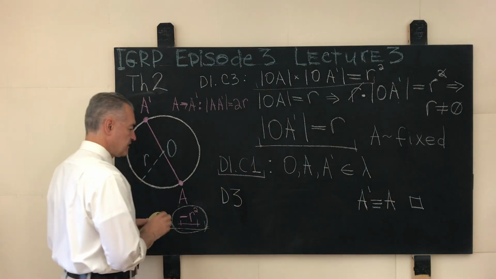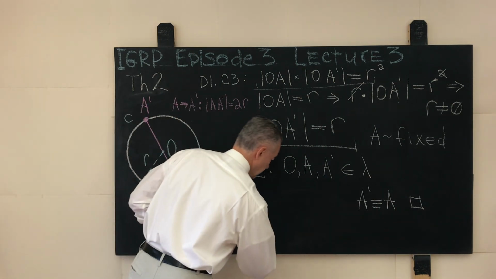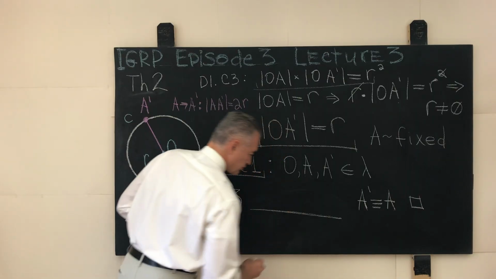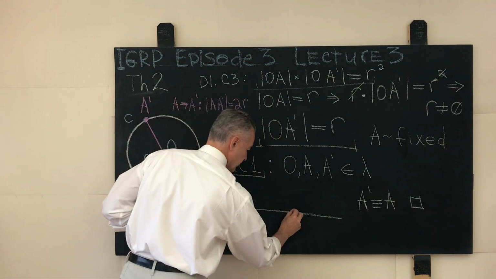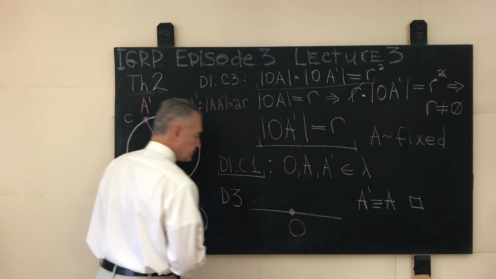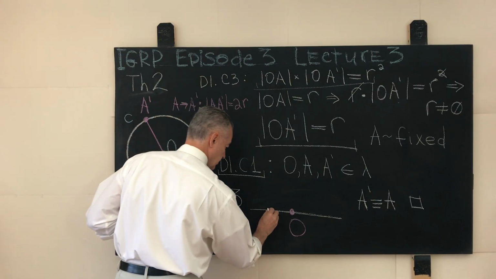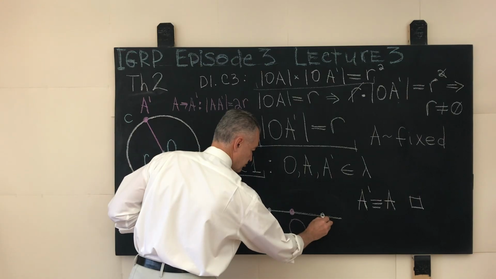Well, remember that the power of inversion is negative if and only if the center of inversion, let us even use the red chalk, the center of inversion, O, is located in between the image point and the pre-image point.